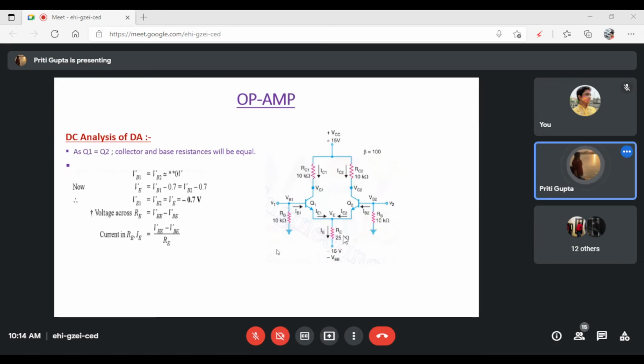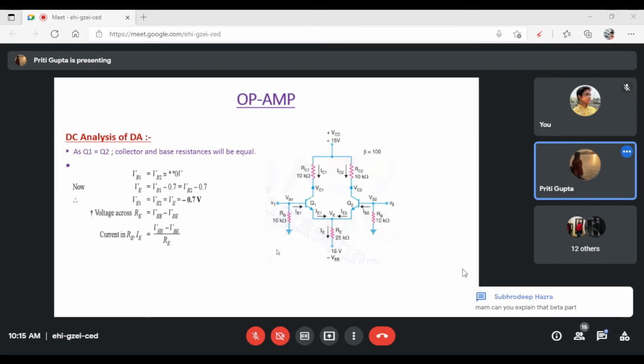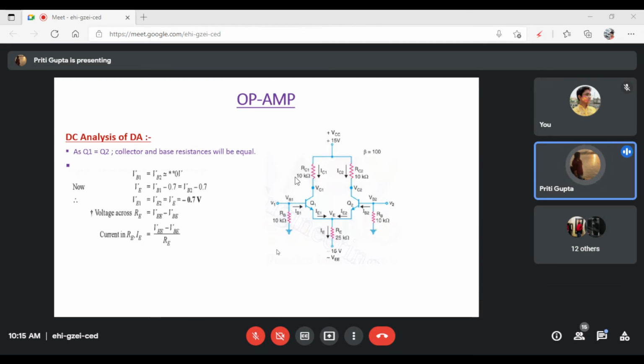Convert it to microampere. Take 10 to the power minus 6 and convert it to microampere. Acha, you are already in milliampere, right? So take 10 to the power minus 3 and convert it to microampere. You will get 3 point something microampere.